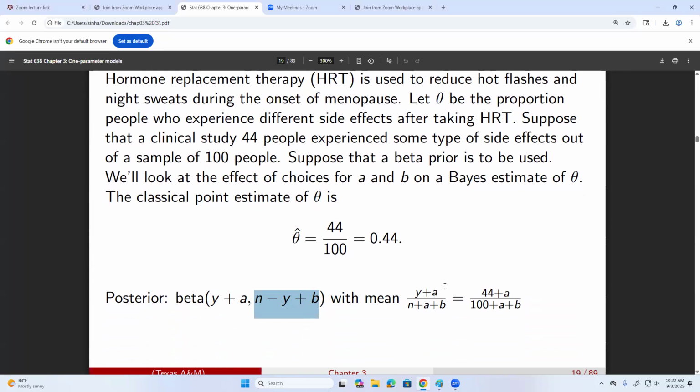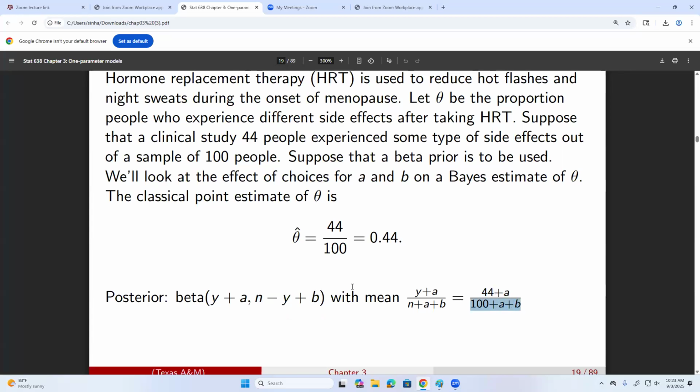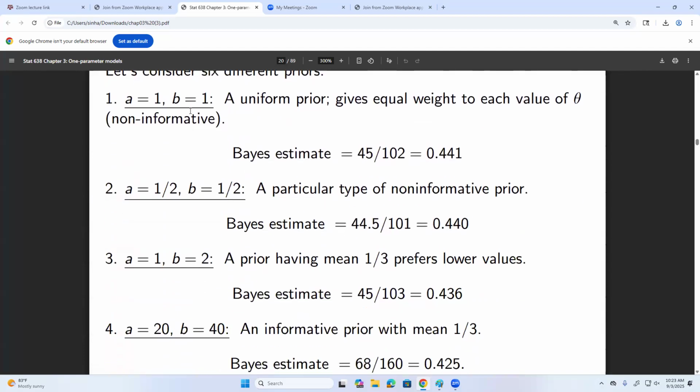The numerator is the first parameter and the denominator is the total of the first and second parameter. So if I apply this formula, it turns out to be 44 plus A divided by 100 plus A plus B. Now for different choices of A and B, when A and B are equal to 1, that gives you a uniform prior distribution. The prior is uniform over 0 to 1. Then the Bayes estimate is 0.441.